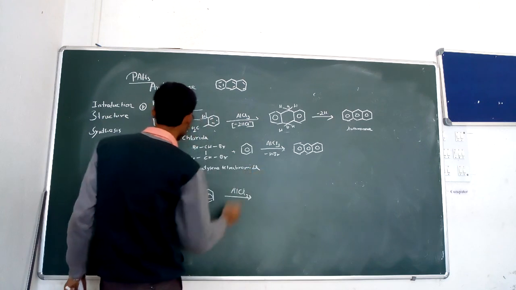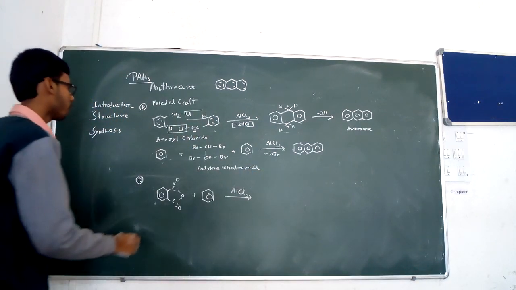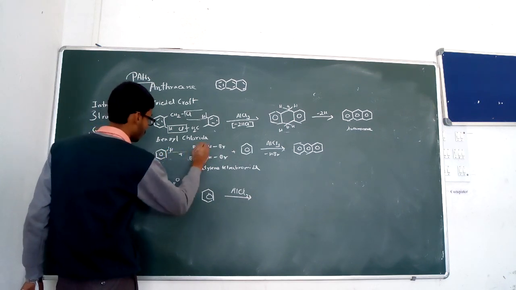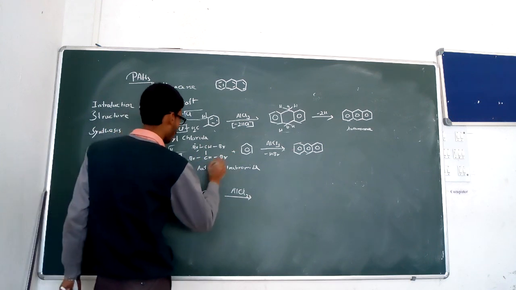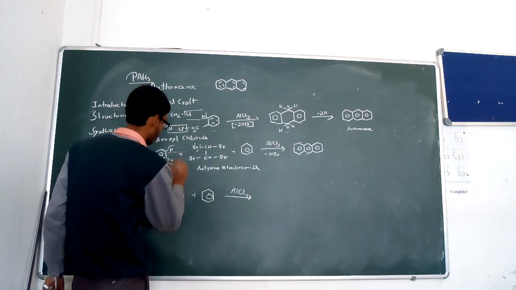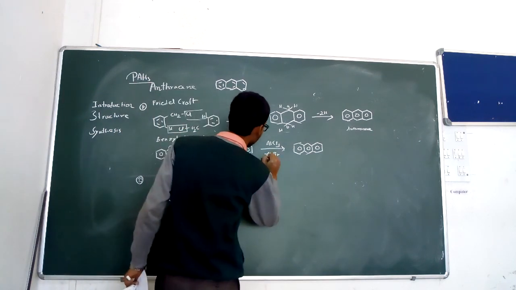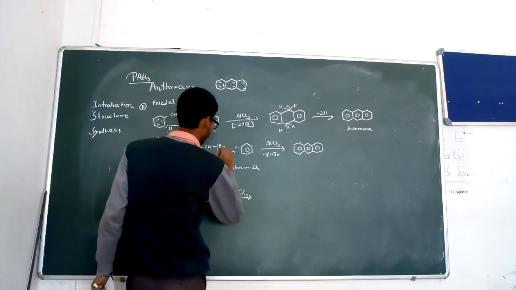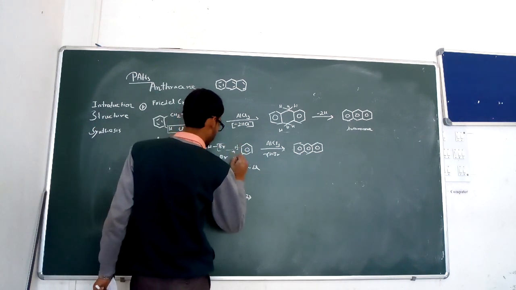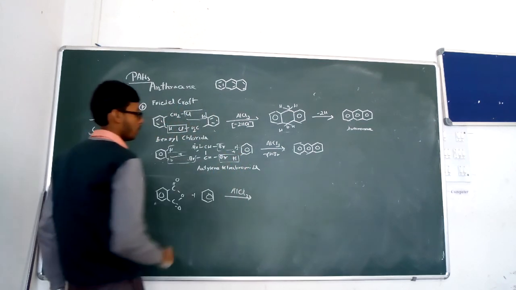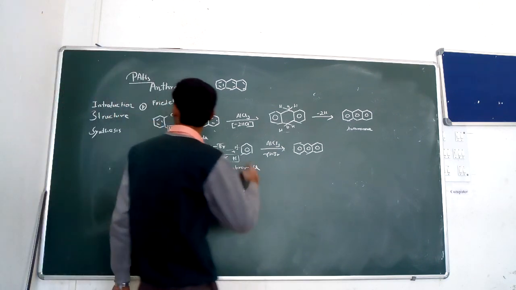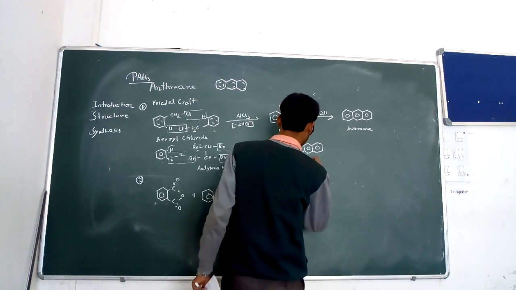Acetylene tetrabromide reacts with 2 benzene molecules and removes 4 molecules of hydrogen bromide in the presence of aluminium chloride, and it forms anthracene by Friedel-Crafts reaction.